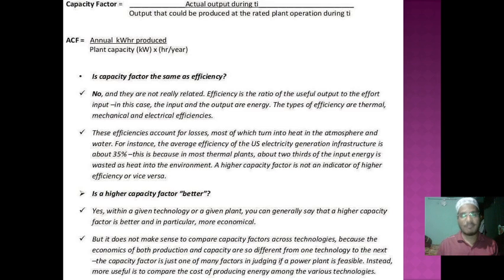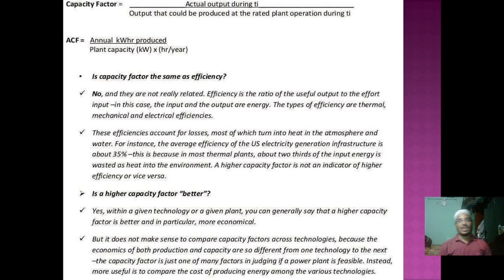At that time we have to consider the capacity factor, which is equal to actual output divided by the output that could be produced at the rated plant operating. How much the customer requires, divided by how much the power plant will produce.